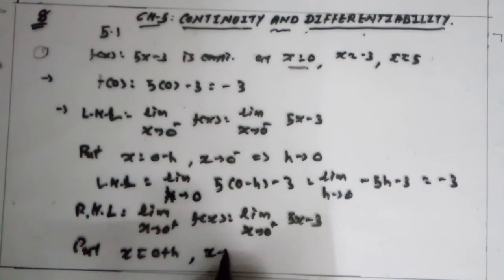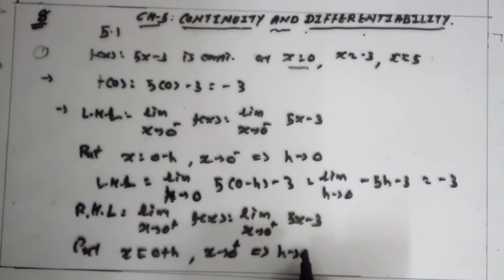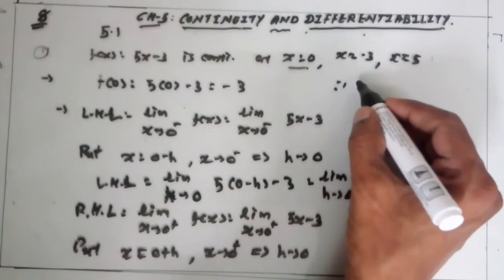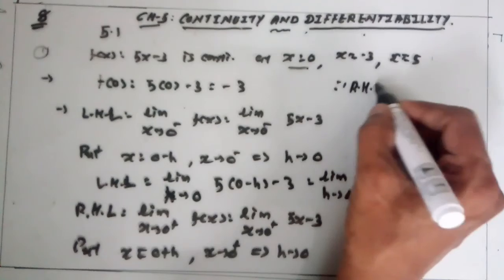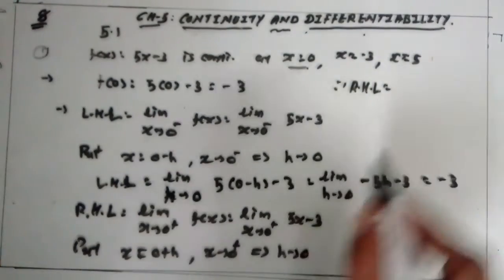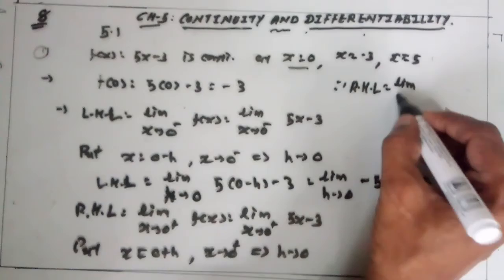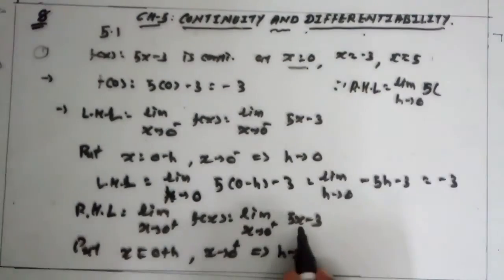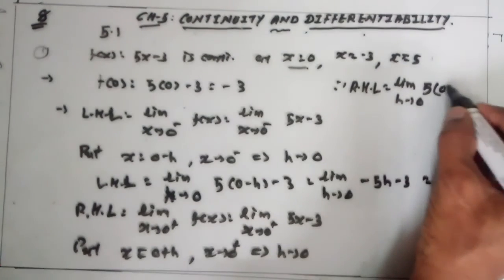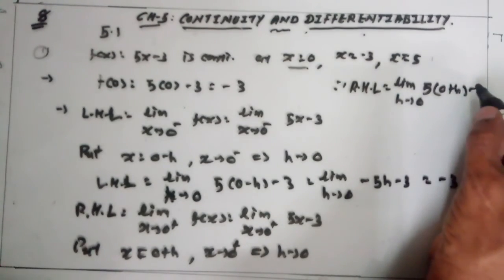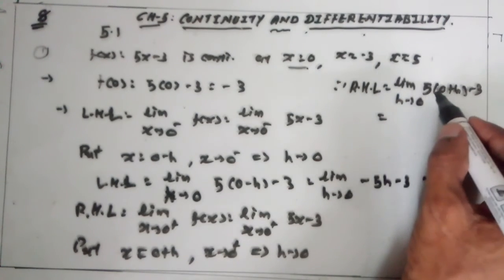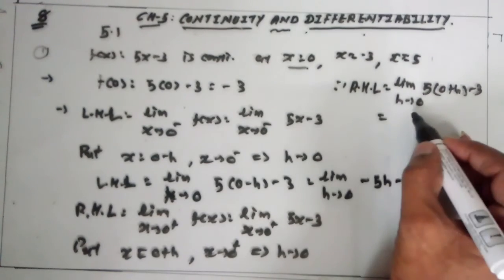So x tends to 0 positive implies h tends to 0, clear? So the right hand limit becomes limit h tends to 0 of 5(0 + h) - 3. Here h tends to 0, so we get 5 into 0, that is 0, minus 3.